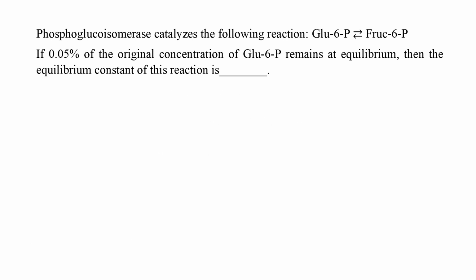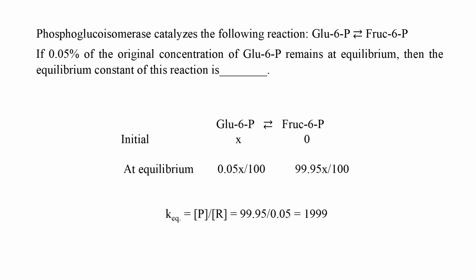Phosphoglucoisomerase catalyzes the following reaction: glucose 6-phosphate to fructose 6-phosphate. If 0.05% of the original concentration of glucose 6-phosphate remains at equilibrium, then the equilibrium constant of this reaction is, so initially let's assume that the concentration of glucose 6-phosphate is X and fructose 6-phosphate is 0. Now it says that at equilibrium 0.05% of the original concentration of glucose 6-phosphate remains.